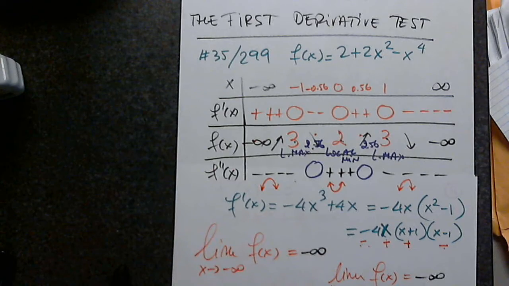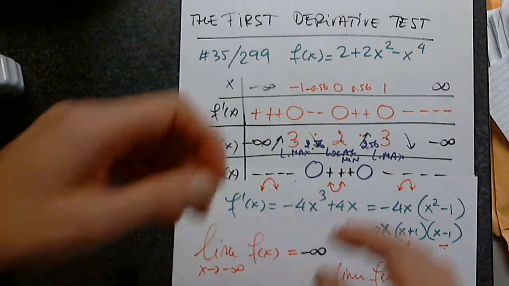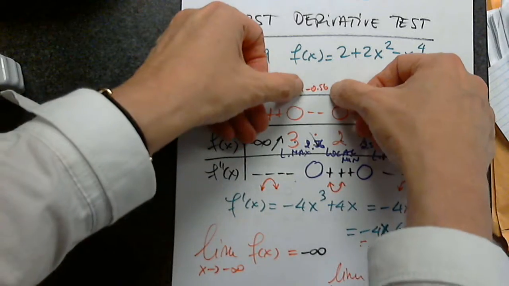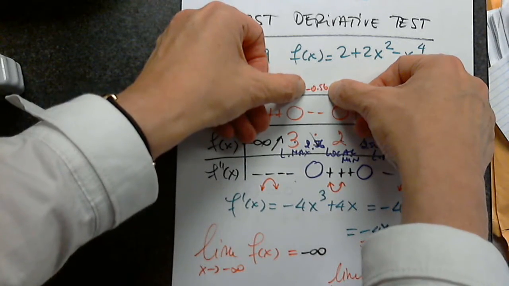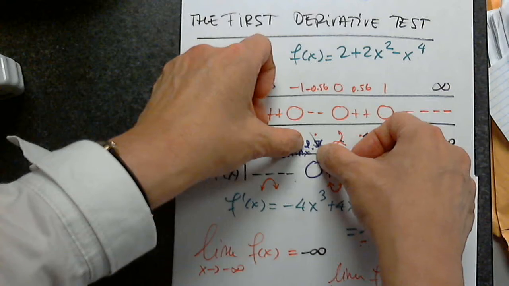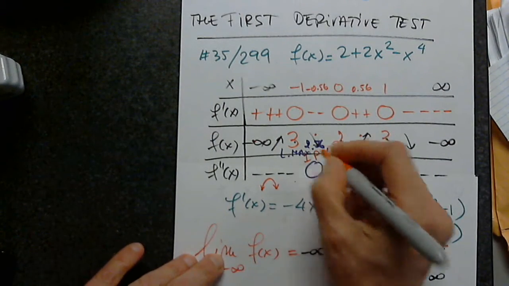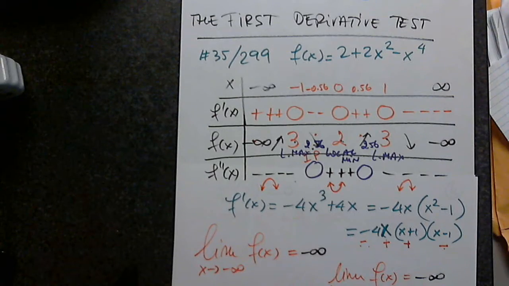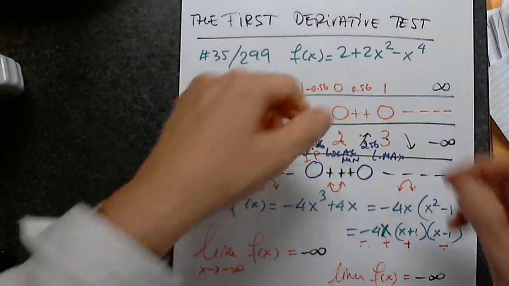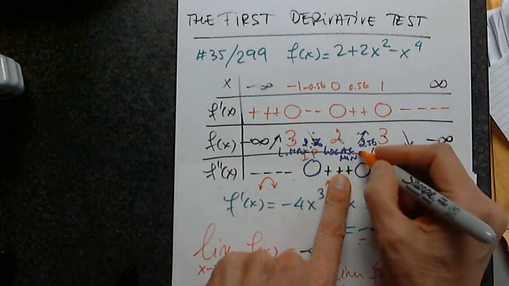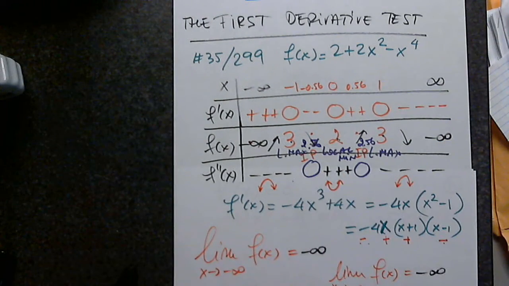It does not hold water. What do you conclude about the point negative 0.56 comma 2.56, because the second derivative changes sign? That is called an IP, inflection point. Okay, the same thing here because the second derivative changes sign. So this will be an IP.